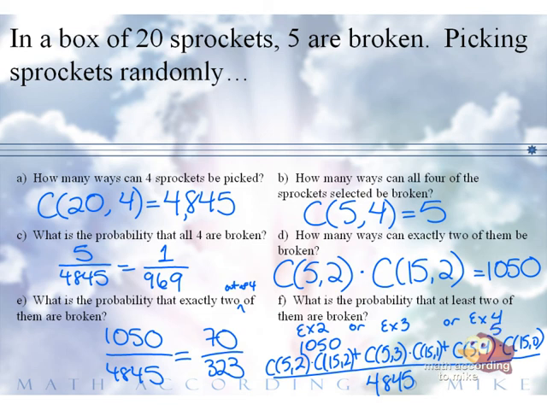What is exactly 3 going to be? 150. So 1050 plus 150 plus 5 is 1205. So 1205 over 4845.